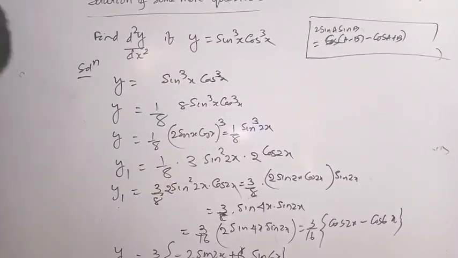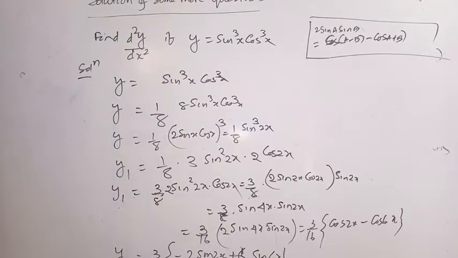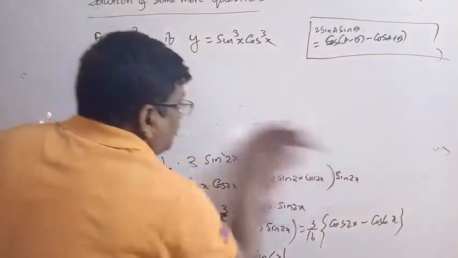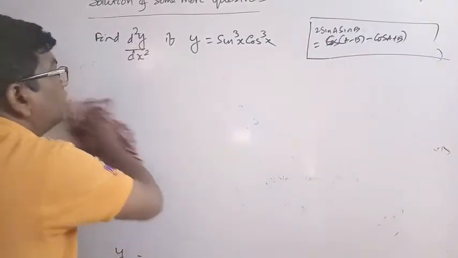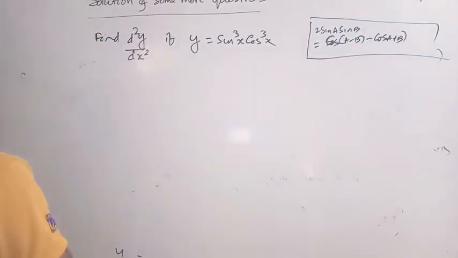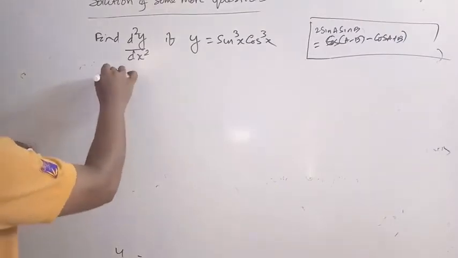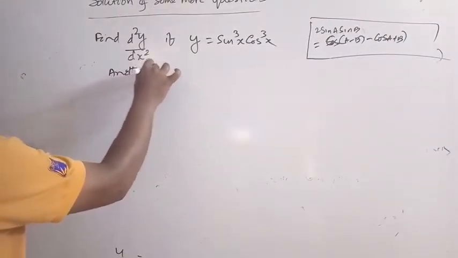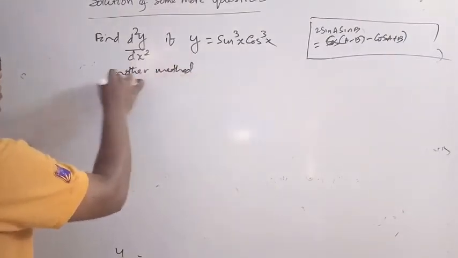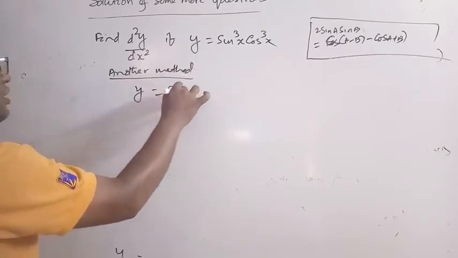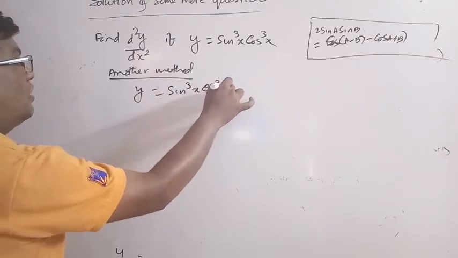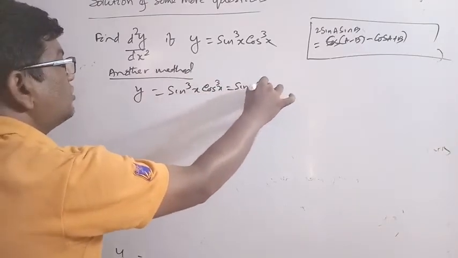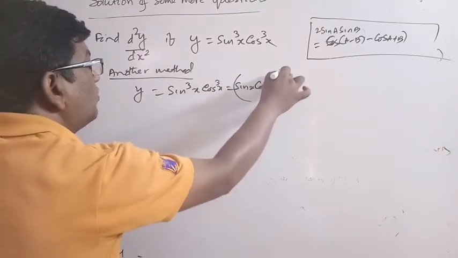This is one method, or you can do the u into v formula. Another method, you may find u into v. Another method: suppose y is equal to what? Sin cube x into cos cube x, that is sin x into cos x whole cube.